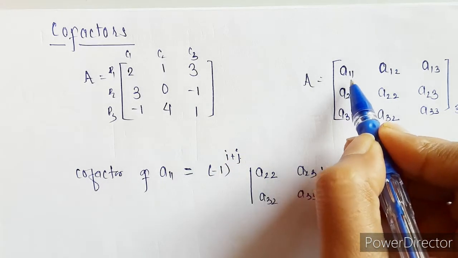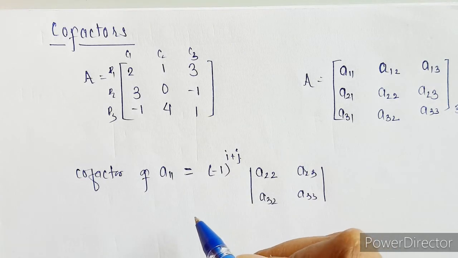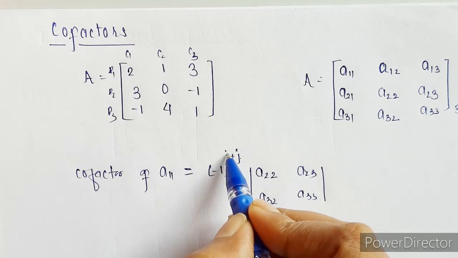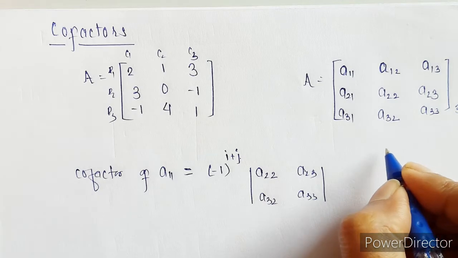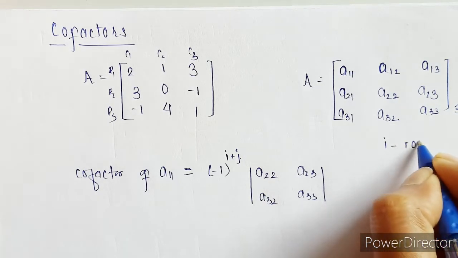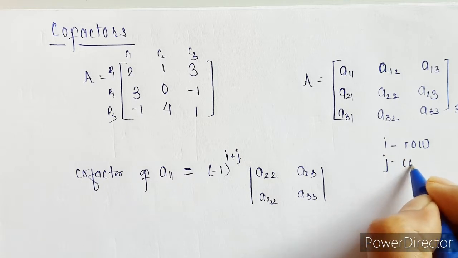Since this is the cofactor of 1, 1, our i in this case is 1 and j in this case is 1. So i represents row and j represents column.